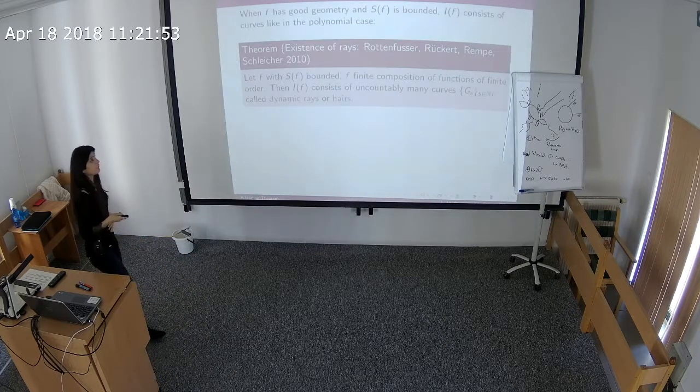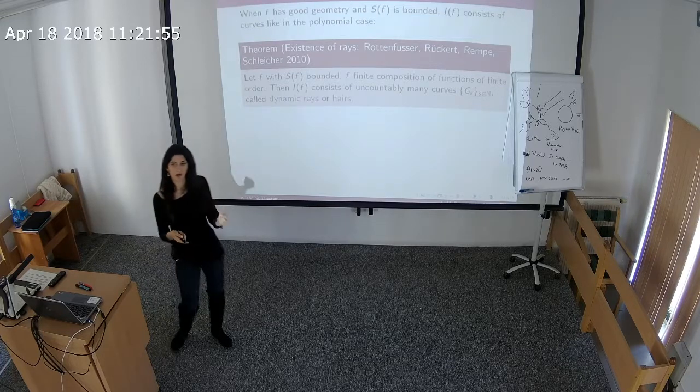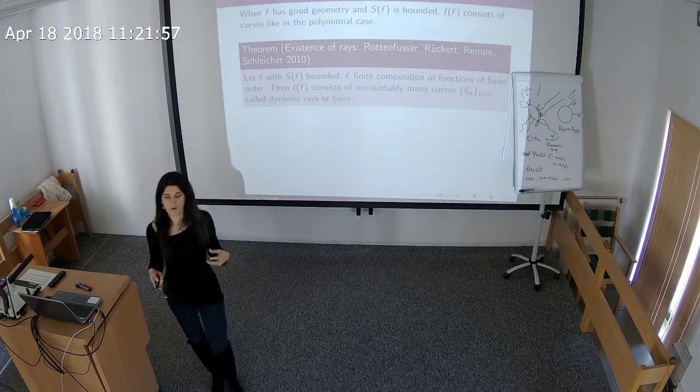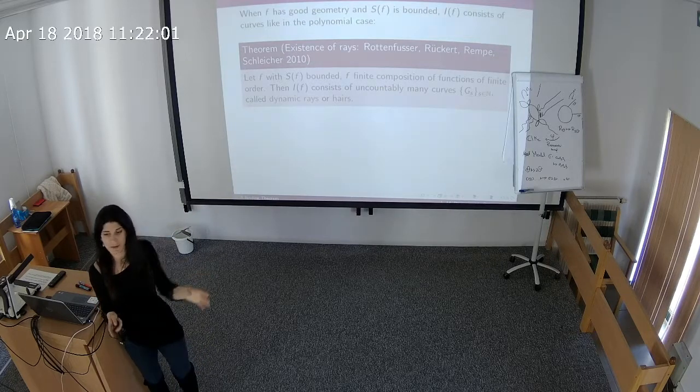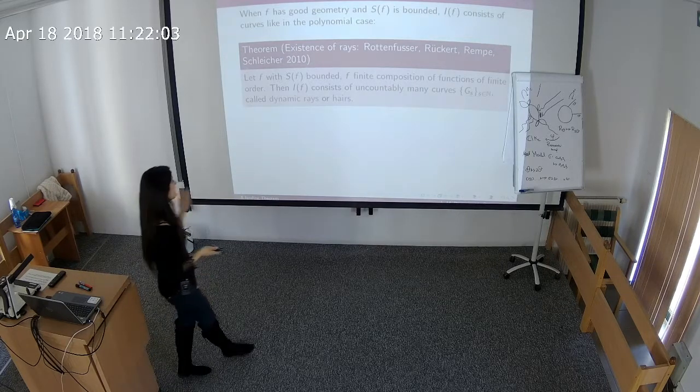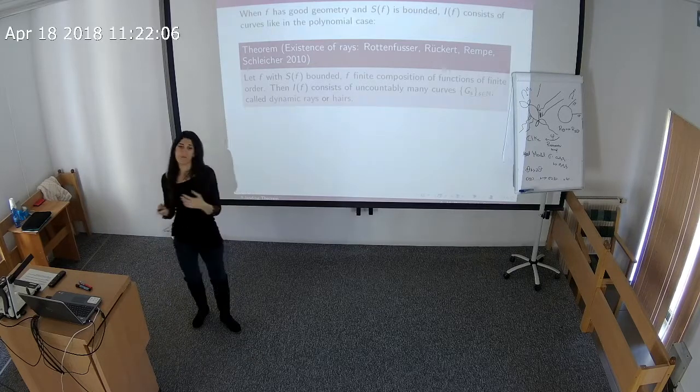So what about the structure of the escaping set for transcendental maps? For polynomials, we have seen that it is an attracting basin of infinity. For transcendental maps, the structure is much more complicated.